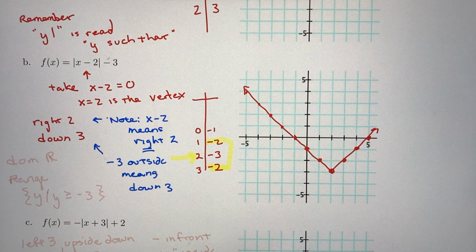Okay. So what's the domain and range? Domain is still all reals. Range. Above -3.